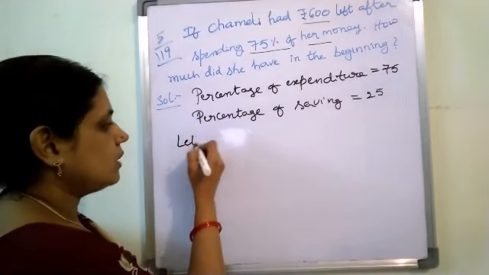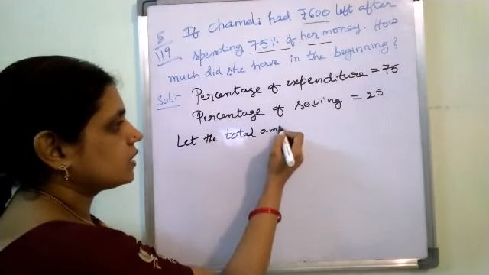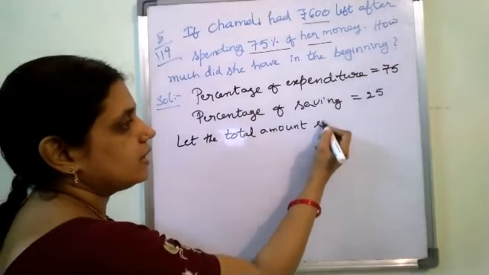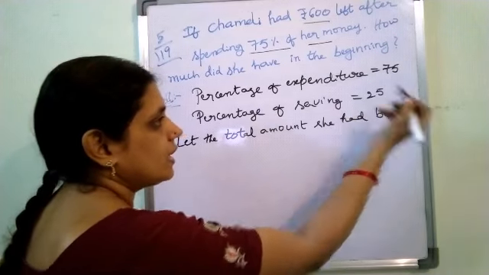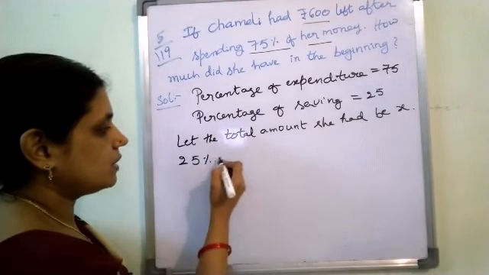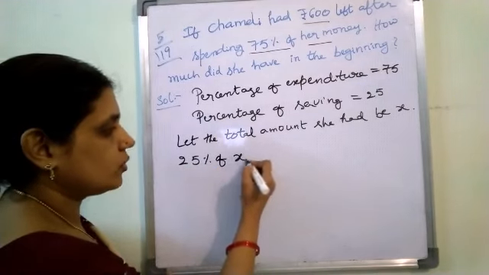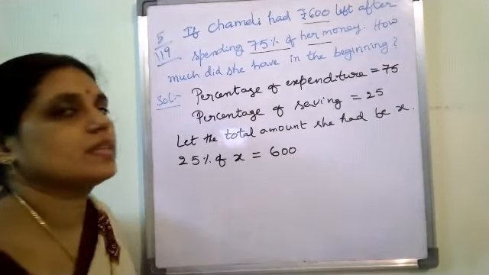We don't know. So let the total amount she had in the beginning be X. So here how can we write? 25% of the total amount, that is X, equal to 600 rupees.